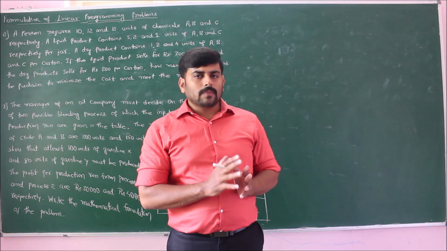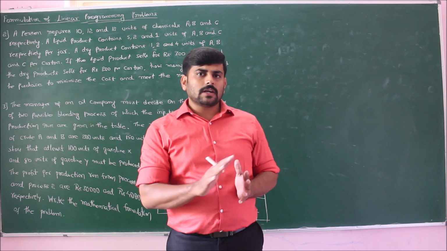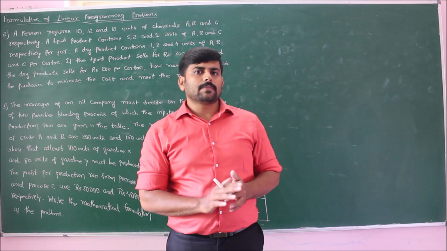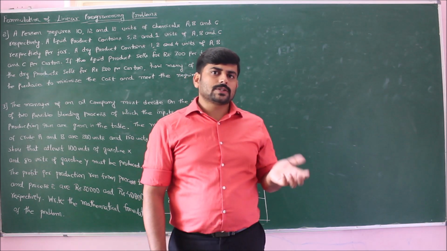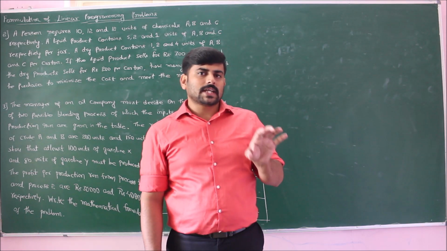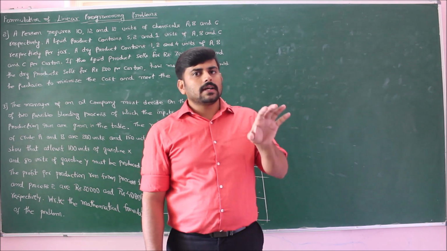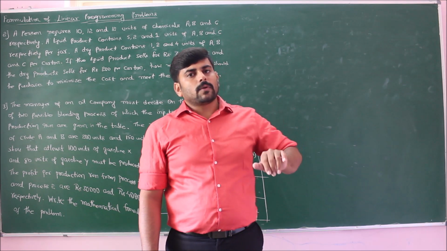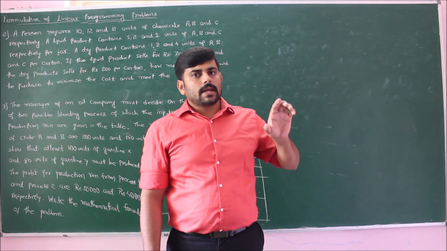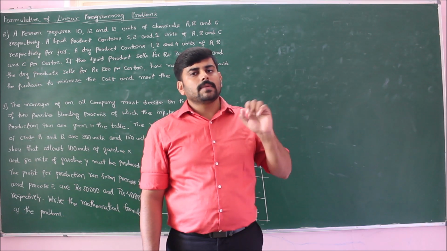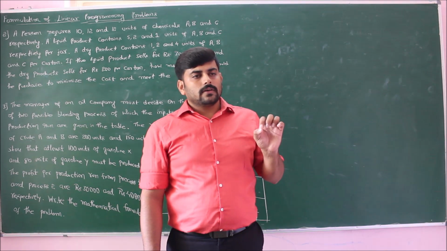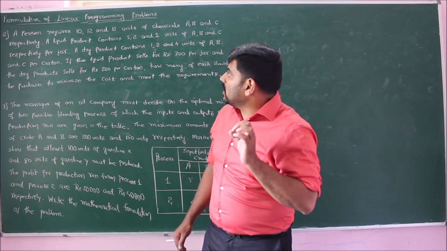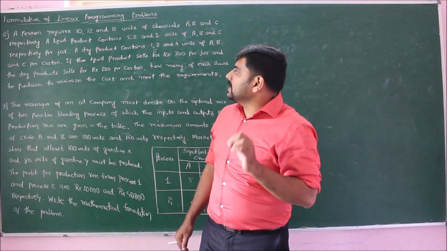Now in the objective function, very important, he is not purchasing chemicals, he is purchasing liquid products and dry products. So the objective is to purchase the liquid products and dry products which contain the chemicals A, B and C. And these products have the constraints for chemical A, chemical B and chemical C. The minimum requirement for this person is 10, 12 and 12 units of chemicals A, B and C respectively.